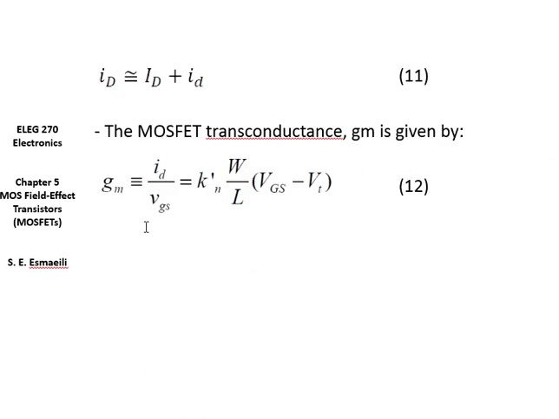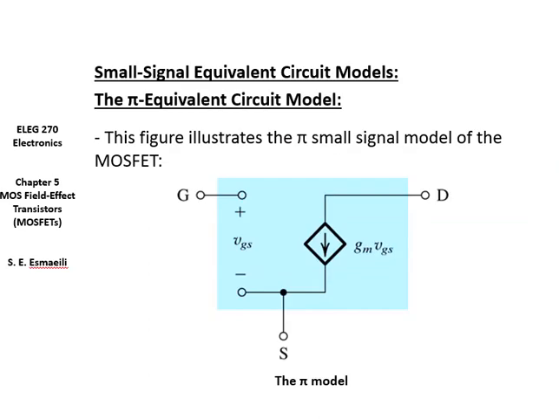Then you will come here and you find your GM using this formula, K prime W over L VGS minus VT. After you found your GM, you simply replace your MOSFET with this circuit.